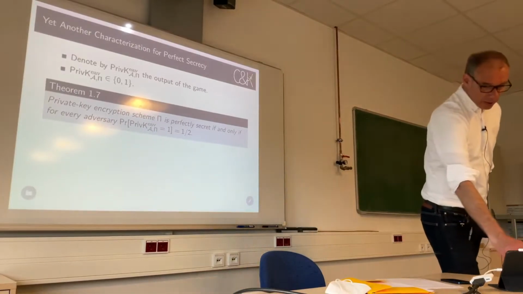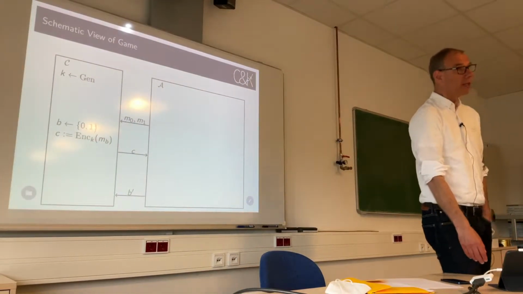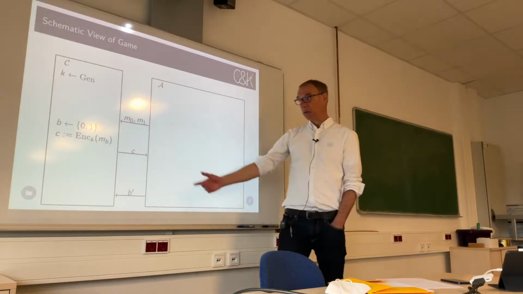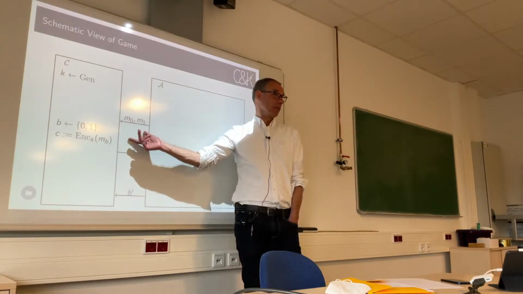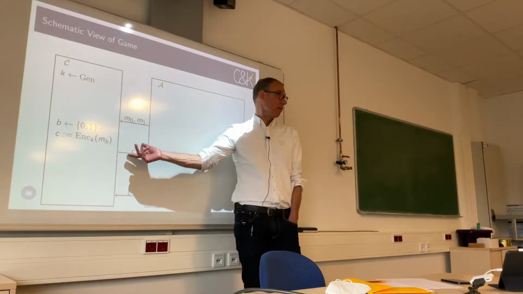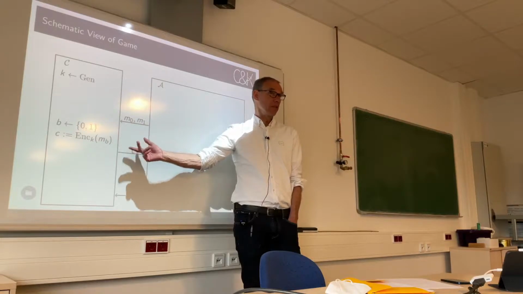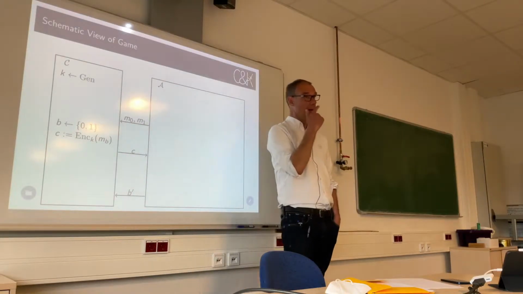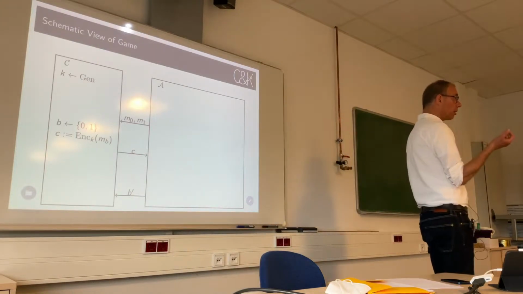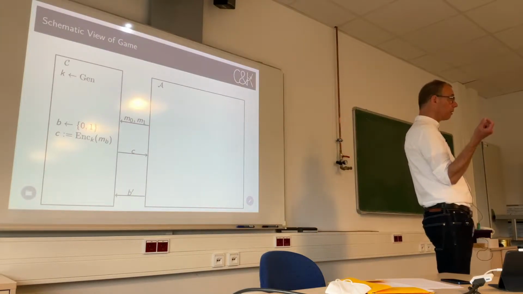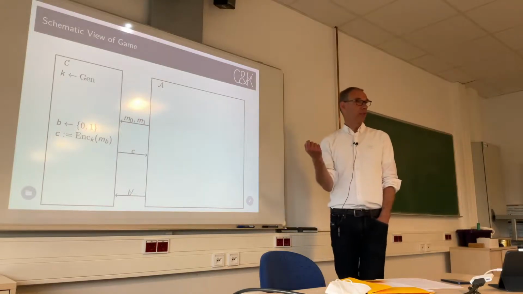What does that mean, that it's 1/2? If you go back to this, I require basically that c doesn't give him any information about what I picked here. Right? Because if it does give you any information, you can exploit that information to compute this b prime or get a better guess on b. 1/2 you can always achieve, right?